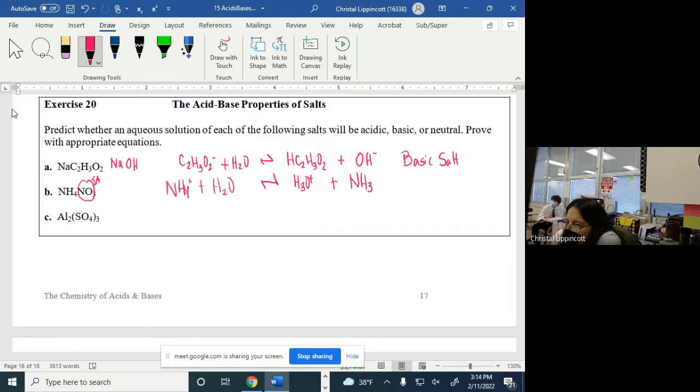So here, we're going to increase the H plus concentration, which makes this an acidic salt. I told you you'd have to wrap your brain around these a little bit. You were warned.